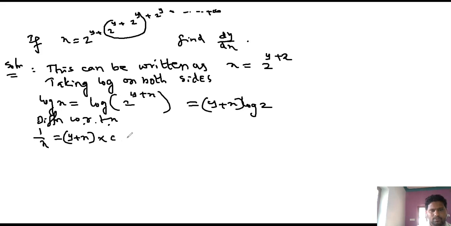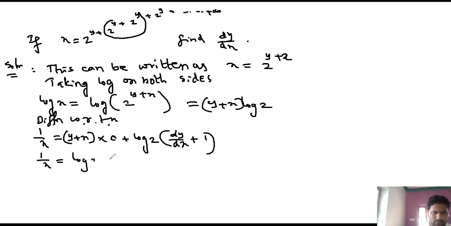It is 0, because log 2 is a constant, plus the second variable log 2 into the derivative of y plus x. The derivative of y is dy by dx, plus the derivative of x is 1. So now 1 by x is equal to 0 into y plus x, plus log 2 into the bracket dy by dx plus 1. Keep dy by dx plus 1 on the RHS only.